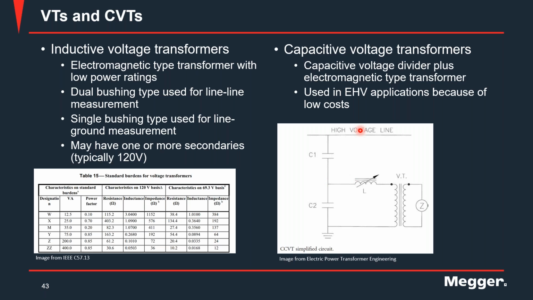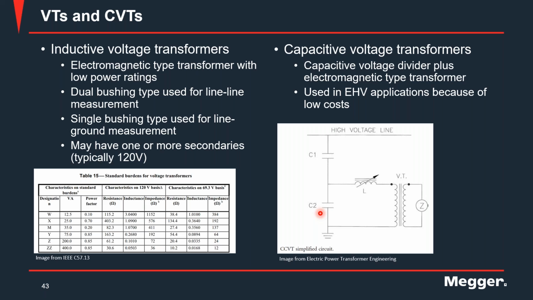Capacitive voltage transformers, or CVTs, and coupling capacitive voltage transformers are all used for the same instrument, that is, a capacitive voltage transformer. The way it differs from a conventional inductive voltage transformer is that it has a capacitive voltage divider in series with the electromagnetic type component. This is the simplified circuit for a CVT. You have a capacitive divider network.